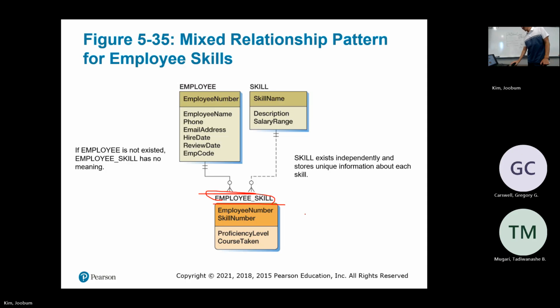But if Caleb leaves, Caleb's skydiving skill has no meaning in this organization. So this is a solid line relationship with a weak entity. But the skill, skydiving, can exist on its own. Okay, this is a strong entity relationship.